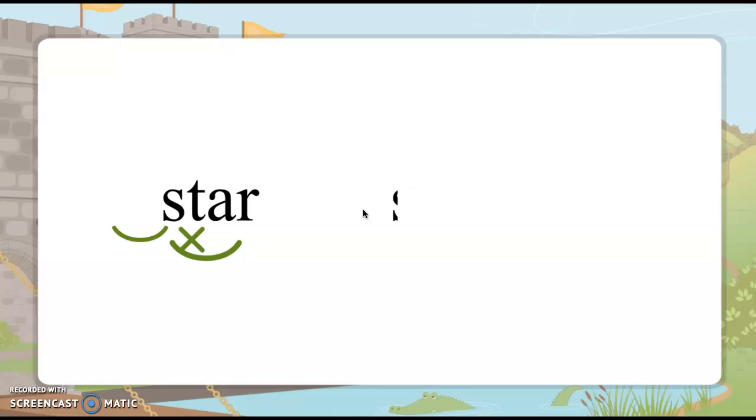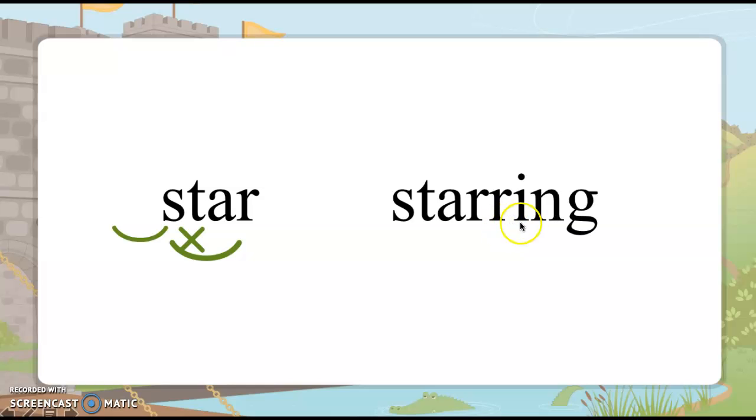There are not. So when adding suffixes to words ending with just the murmur diphthong, you must add another R and then add the suffix. So we're going to rewrite the word star, add another R, and then add ing to make starring, and make sure you underline your ing. She was starring in the school play.